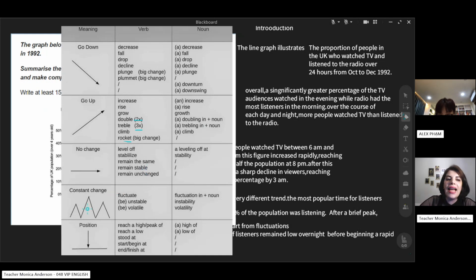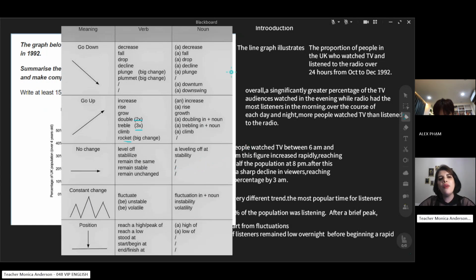And if you see something like this, it is fluctuation. Fluctuate is the verb, fluctuation is the noun. And for position, for example, we use reach a peak, reach a low. For example, start, begin. You can use these verbs and nouns.